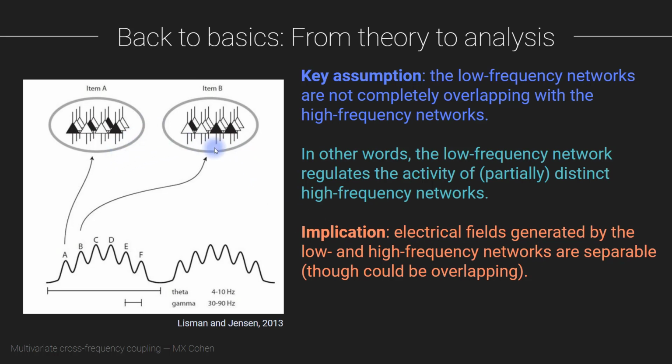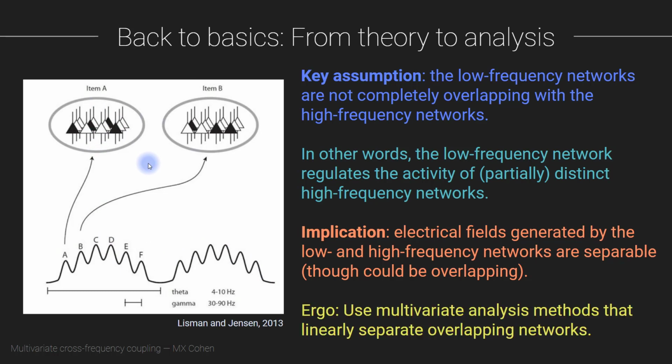Now, if you're only measuring from one electrode, you cannot distinguish between those different networks because one electrode is measuring a mixture of the signals, the local field potentials from these two networks. But if you have many, many electrodes placed spatially around these networks, then it's going to be possible to linearly separate the local field potentials generated by the slow network from the field potentials generated by this faster network.